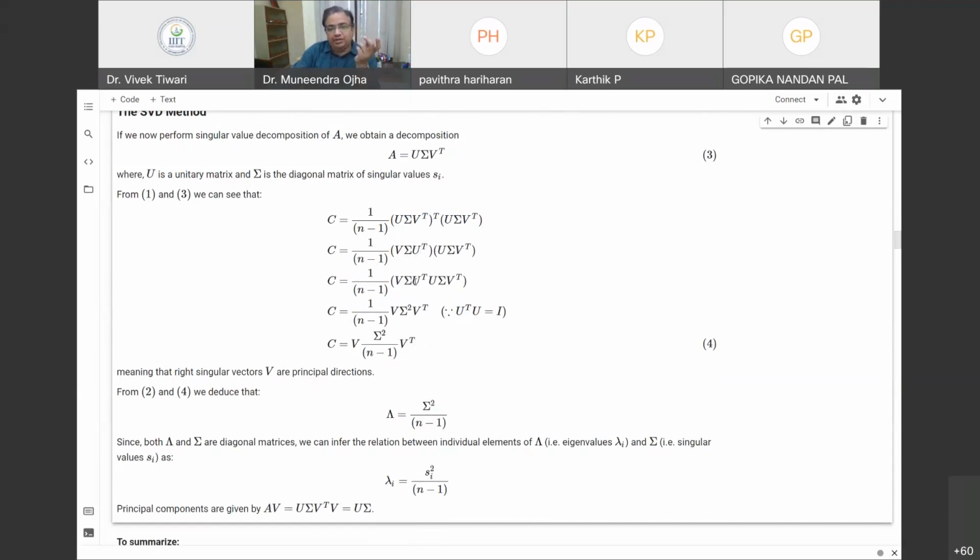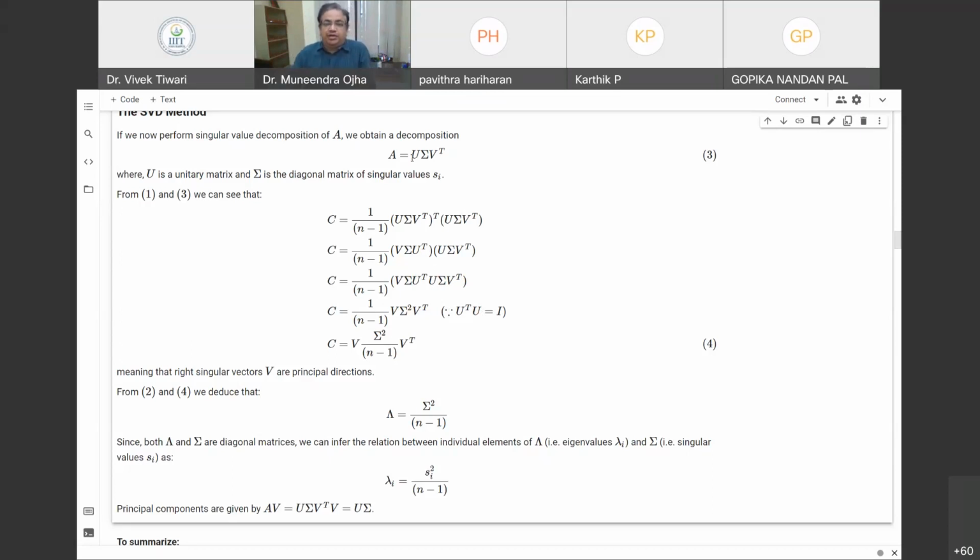When we multiply, U transpose U will become identity, because remember previously also we had found that U and V are orthogonal matrices. So U transpose U becomes the identity matrix by the property of the SVD decomposition. In SVD itself, we had found out these properties.